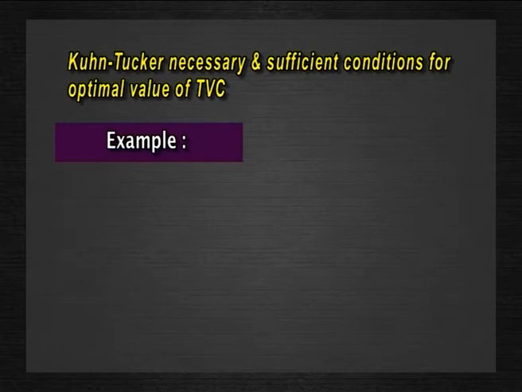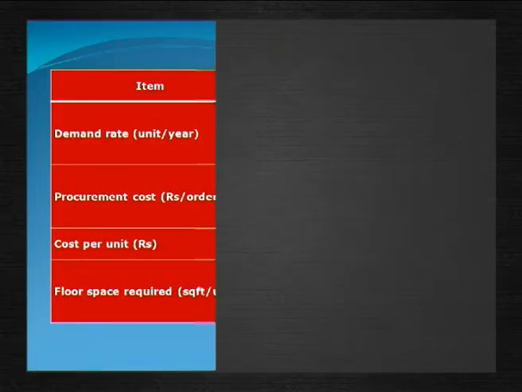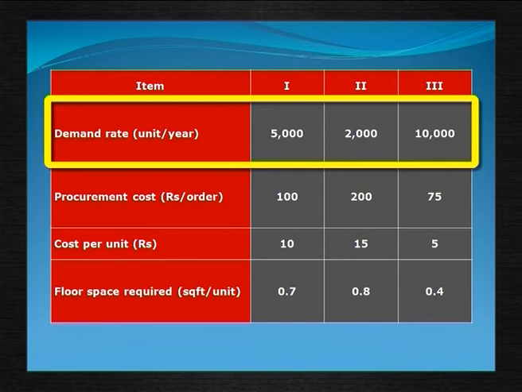Example: A shop produces 3 machine parts 1, 2, 3 in lots. The shop has only 650 square feet of storage space. The appropriate data for the 3 items are given in the below table. In the following table, the second row indicates the demand rate of the 3 machine parts.